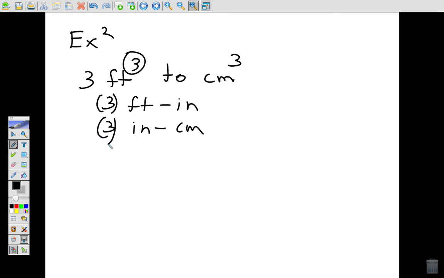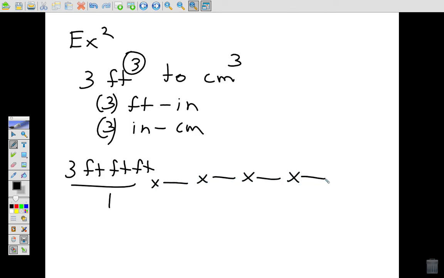So I'm actually using 6 unit multipliers. So I have 3 feet, write those out, put it over 1, and then 1, 2, 3, 4, 5, and 6. I got them. Put my feet in the bottom, because the 3 of them are in the top. Eventually, I'm going to put something else in the bottom.